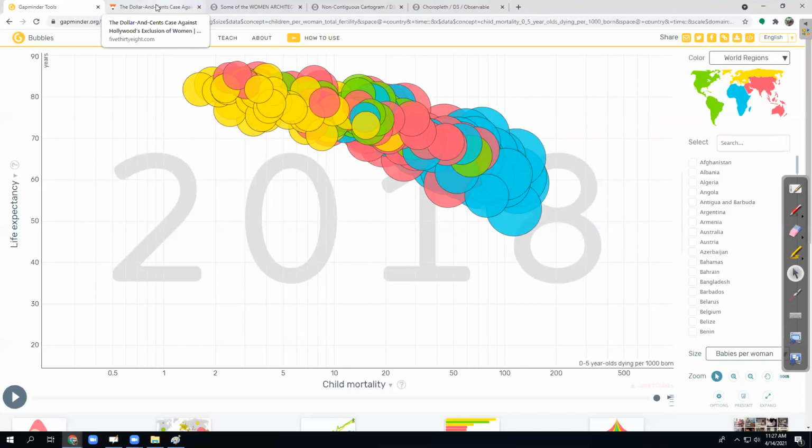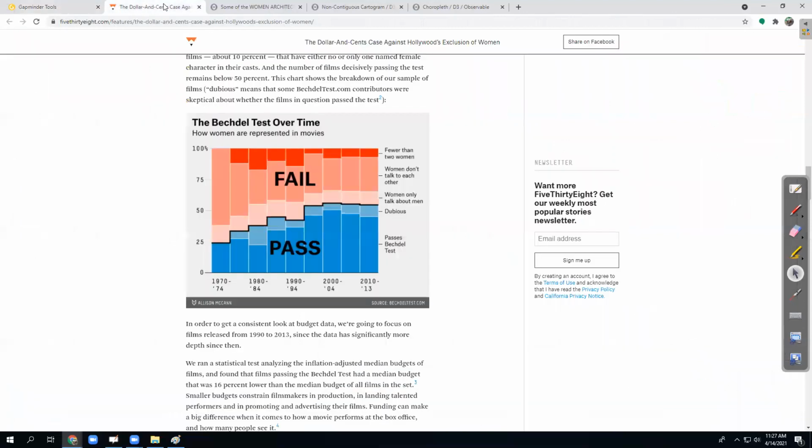I just grabbed a few that caught my attention, and I'll explain why. This one caught my attention the other day. The Bechdel test is a test about how women are represented in movies, and they use 3 criteria to rate a movie. Were there 2 women, fewer than 2, or more than 2? If there's fewer than 2 women, you fail the Bechdel test.